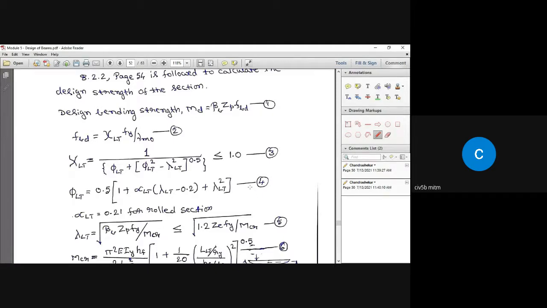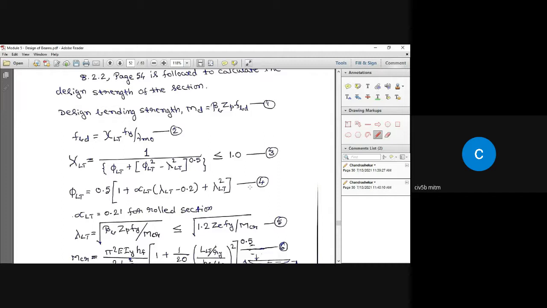So looking at the code book, MD equal to beta B ZP FBD. Here beta B will be known. It is equal to 1 if it is a plastic or a compact section, or else beta B equal to ZE divided by ZP for a semi-compact section. So beta B, no problem. ZP is nothing but ZPZ of the section we have selected.